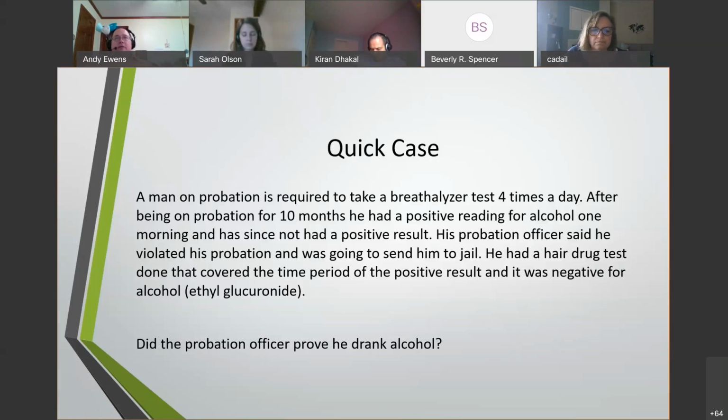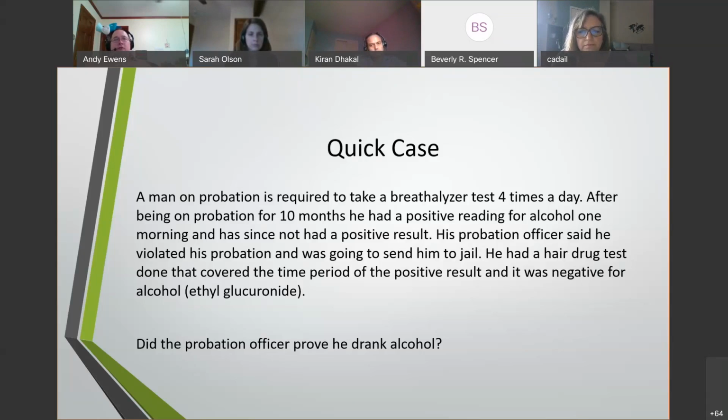After being on probation for 10 months, they had a positive reading on one morning, and they did not have a positive result after that. The probation officer said that they violated their probation and were going to send them back to jail. So then the probationer had a hair drug test done to look for alcohol.